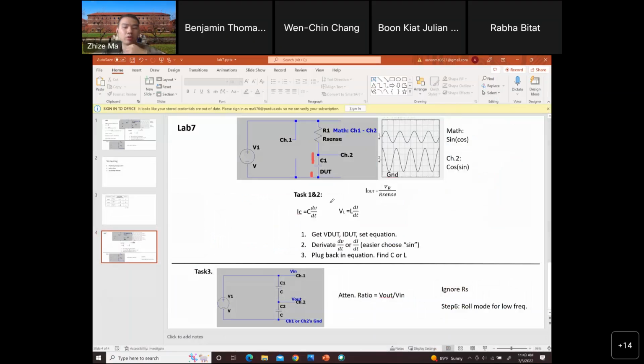That's how you treat the polarity of the capacitor and the inductor. For some small value capacitors, they don't have polarity, but for some larger value capacitors, make sure the polarity is correct.